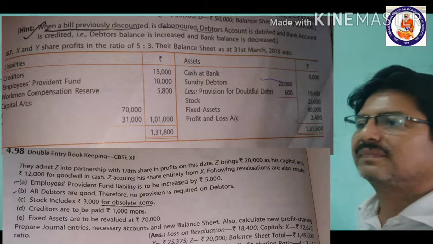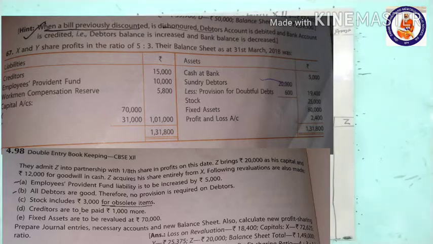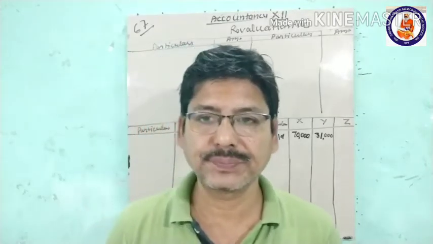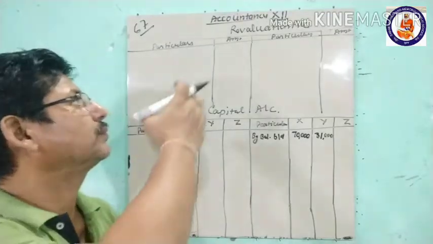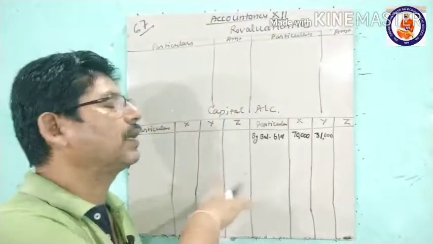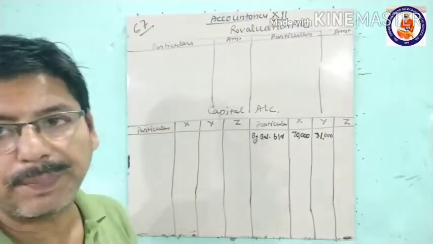Now we'll solve this question here. In the question, as we have already read, first of all we will make revaluation and capital account, and after this the balance sheet we will prepare.